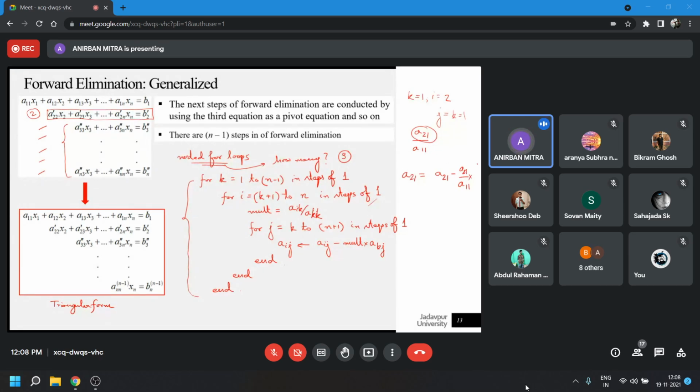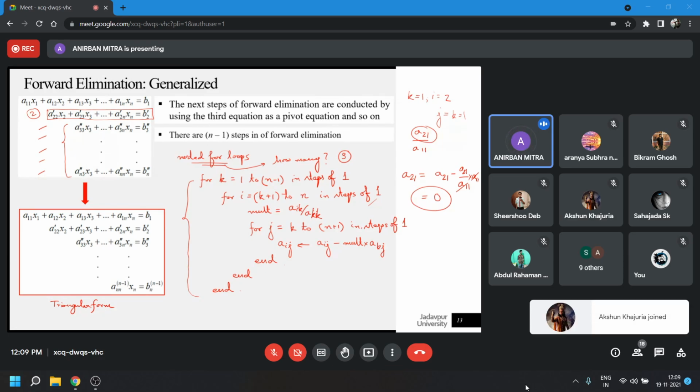Both k and j are 1, so this is a11. This gets cancelled out, goes to 0. We know that the first term would go to 0, and that's what happens exactly here.